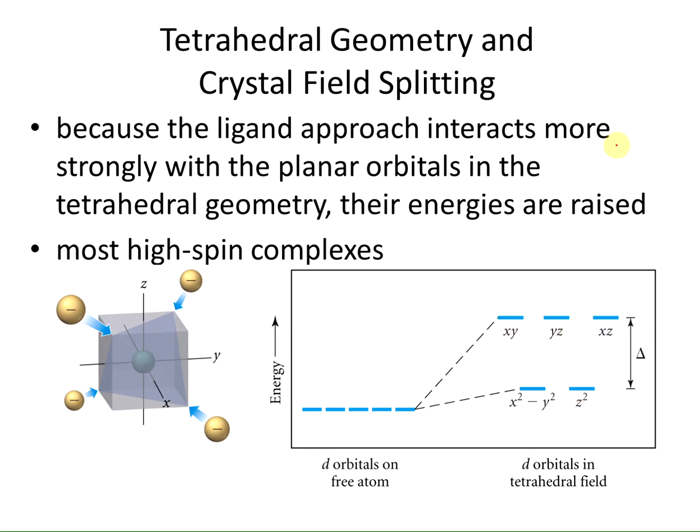Because the ligand approach interacts more strongly with the planar orbitals in tetrahedral geometries, their energies are raised, and most tetrahedral complexes are going to be high spin. So in all the instances that we're going to be working with, if it's tetrahedral, we're going to treat it like a high spin complex. So let's say we had a d5. So 1, 2, 3, 4, 5.